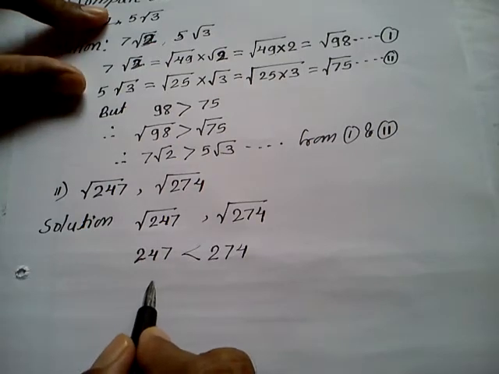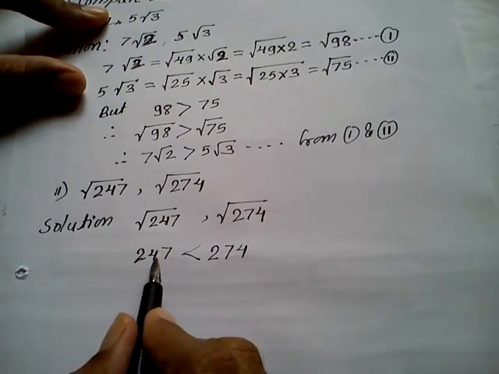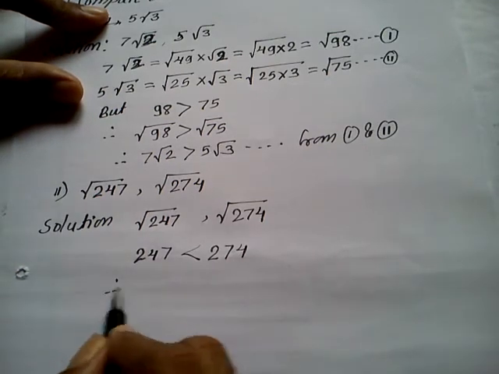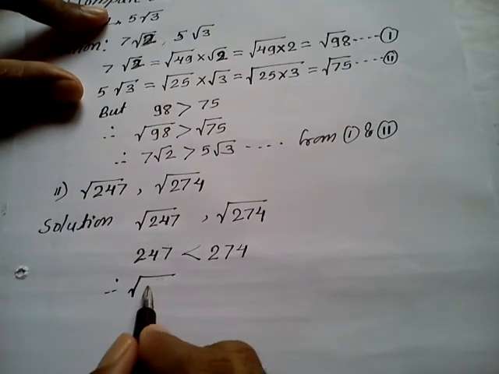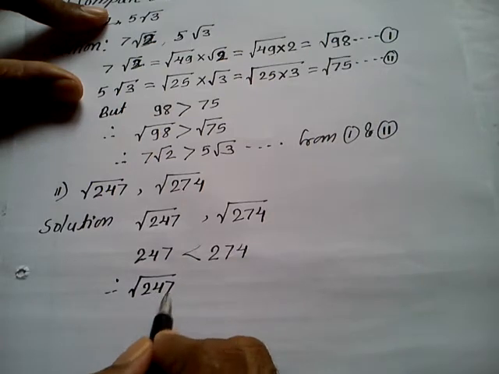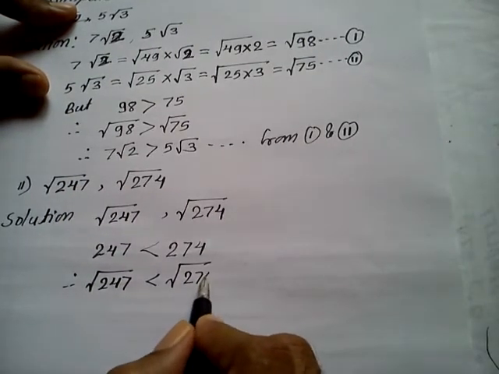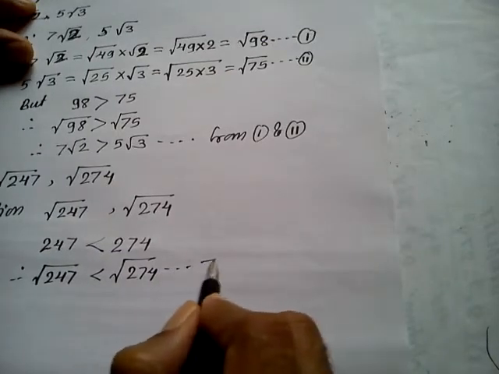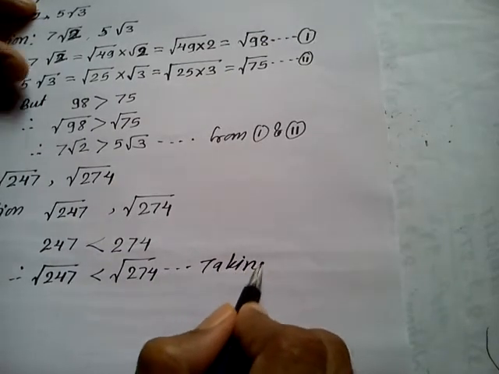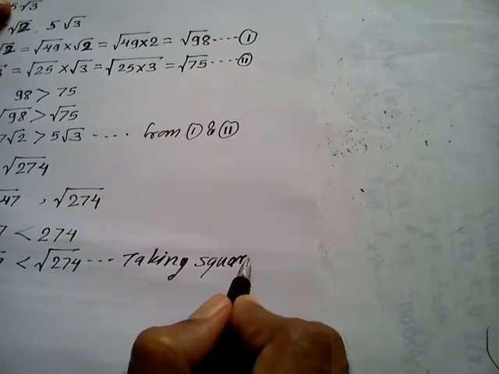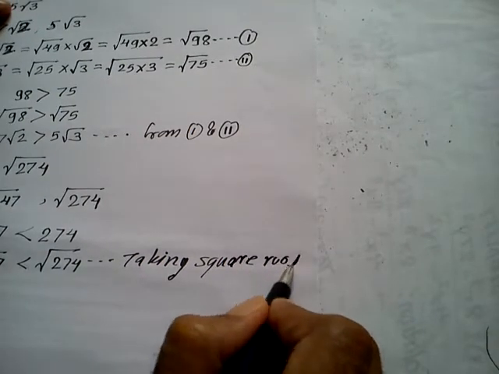Check the example carefully. 247 less than 274. So we can write under root of 247 less than 274, taking square root.